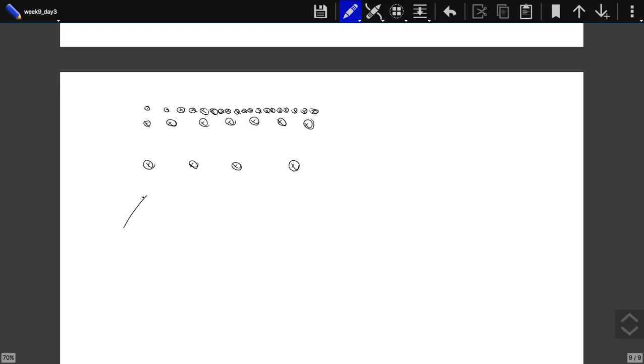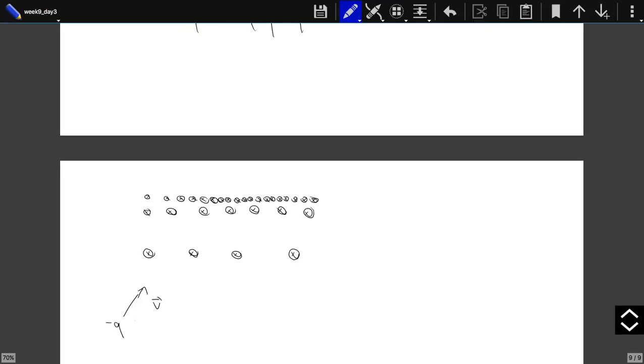So initially you send a particle. Let's say negatively charged. What will be the direction of the force?